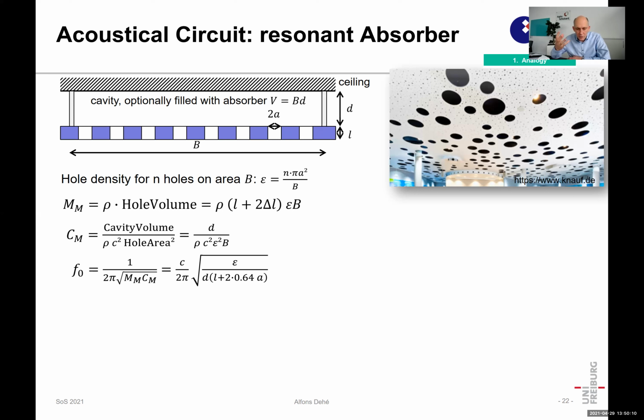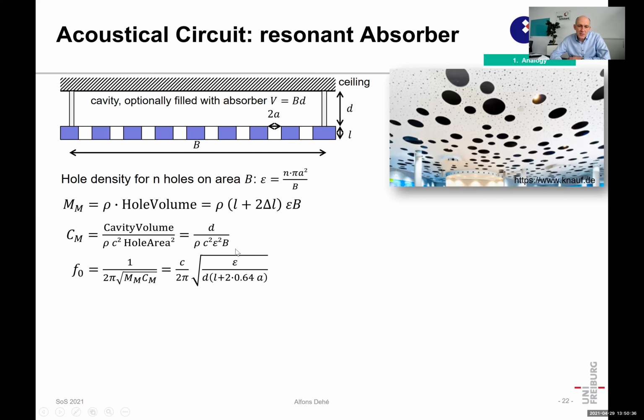And this gives you the total mass, which is excited against the volume behind this plate. So those absorbers work only with a cavity behind them. And this gives, again, the compliance, calculated from this acoustical compliance. And both together give you the resonance frequency.